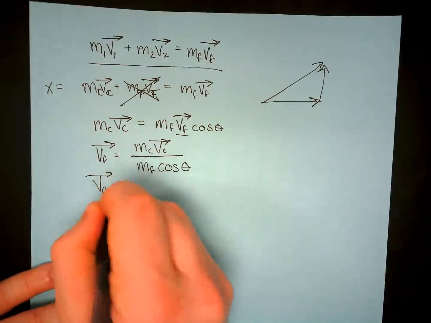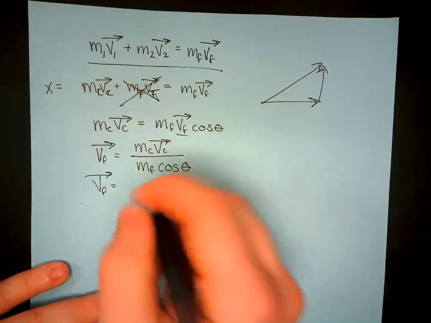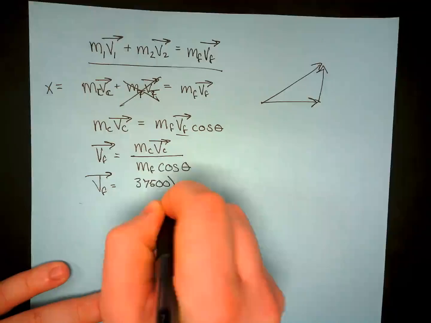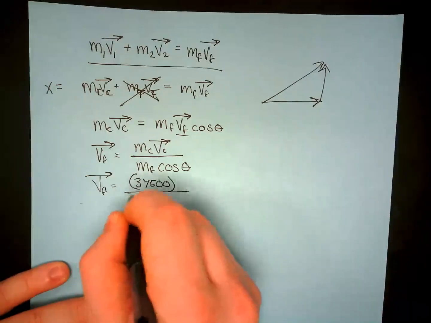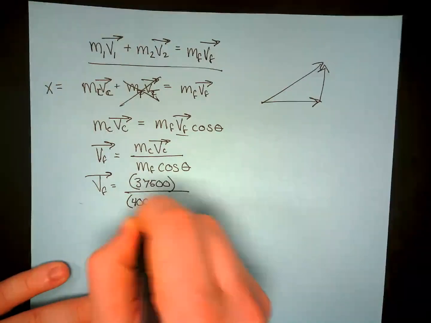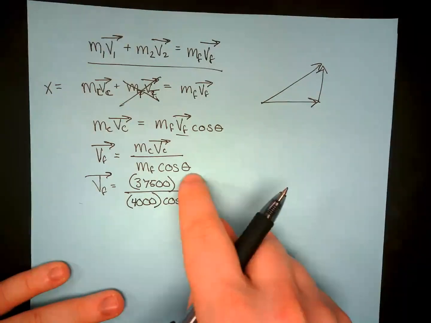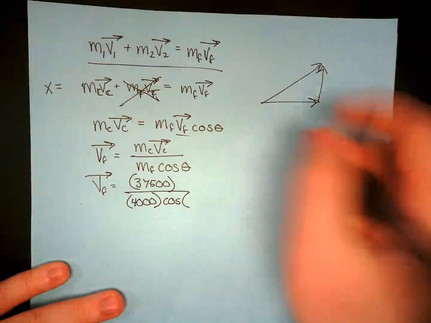And if we plug that in, okay, so that'll be 37,500 times the combined mass times the cosine of theta, which, and I'm assuming that we've already found theta, and we did find theta on the other side.